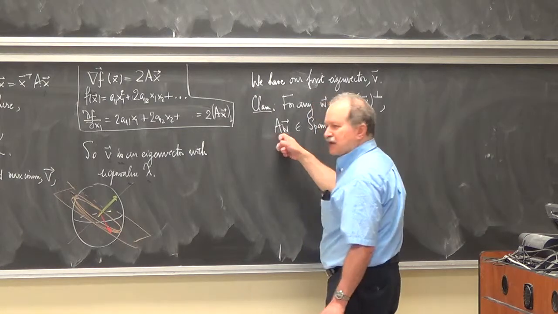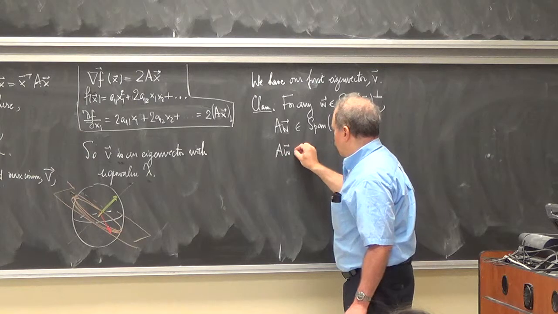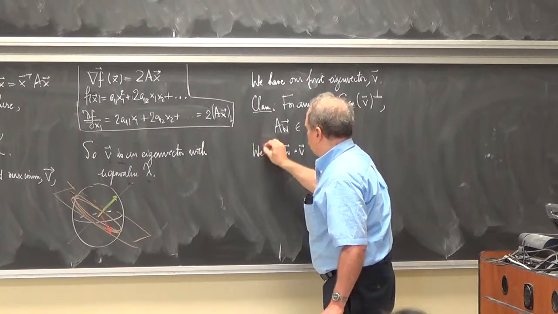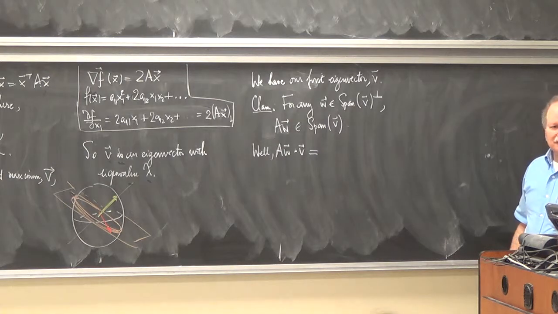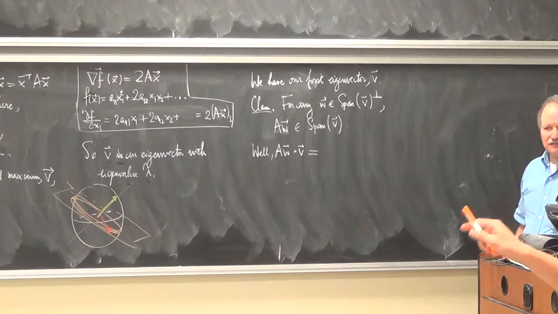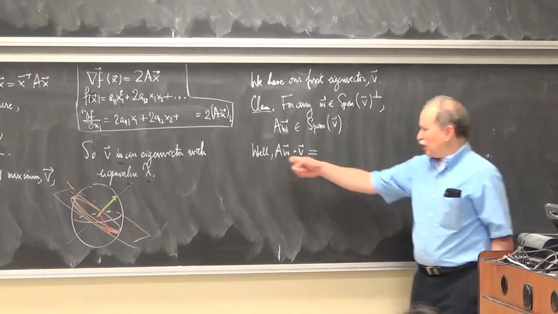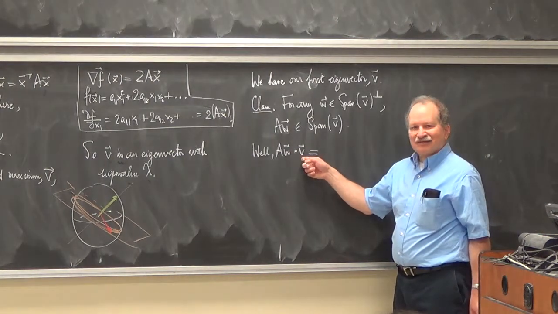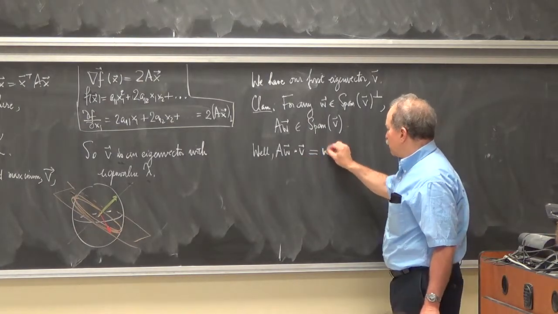Well, how do you tell if somebody's orthogonal to V? Compute the dot product. What are we going to use? Ted's favorite formula.